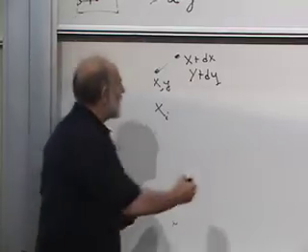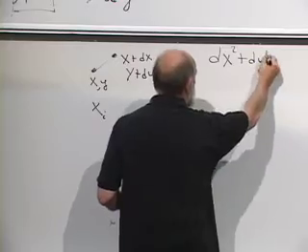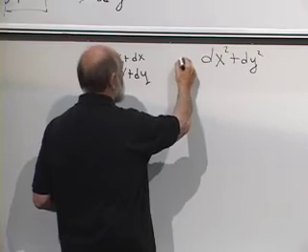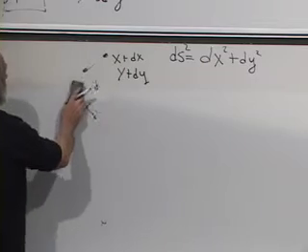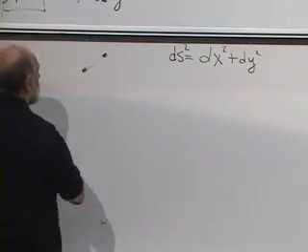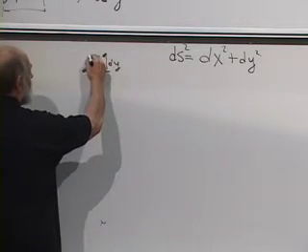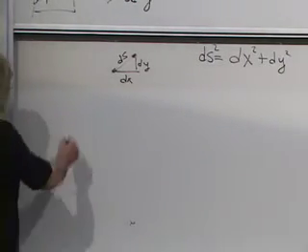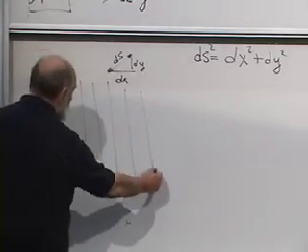The square of the distance between them, called ds squared, is dx squared plus dy squared. That's just Pythagoras' theorem. Now, that is true if you use nice rectangular Cartesian coordinates.